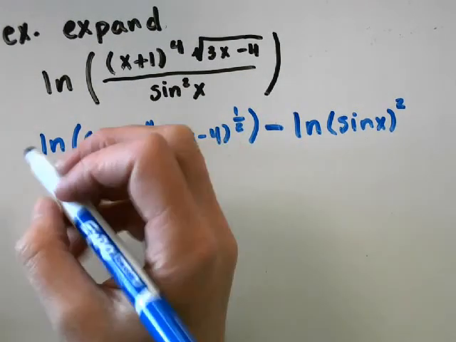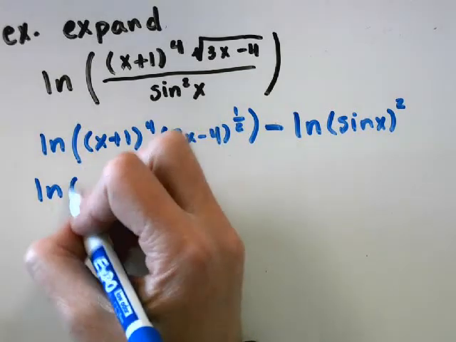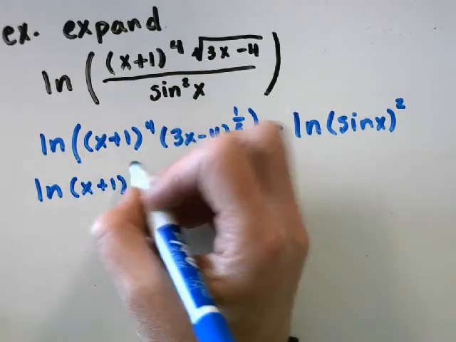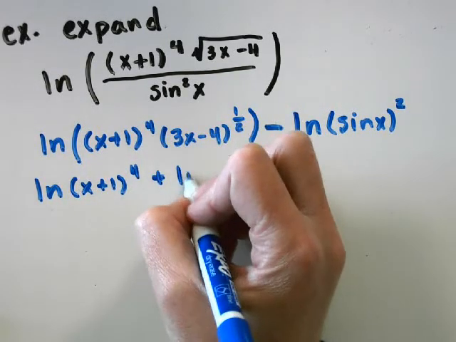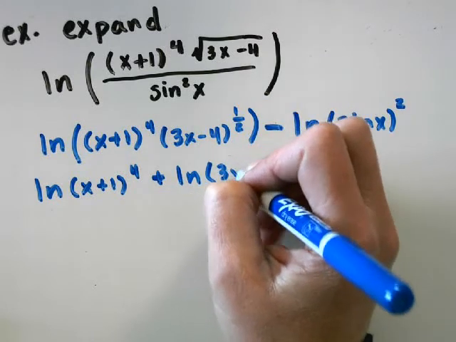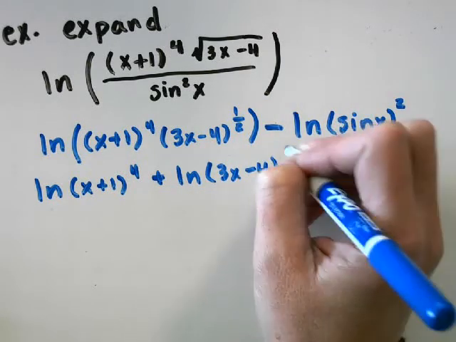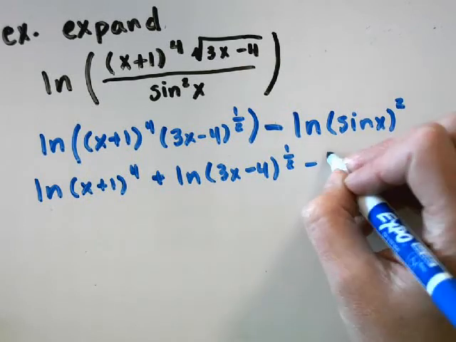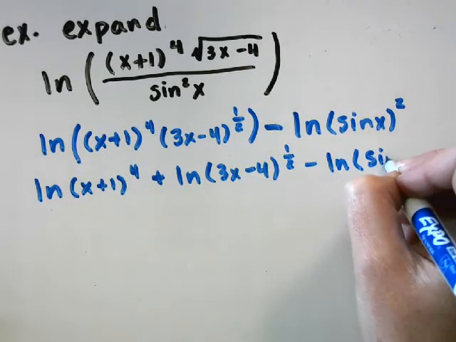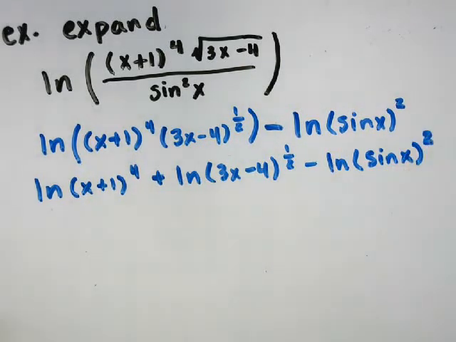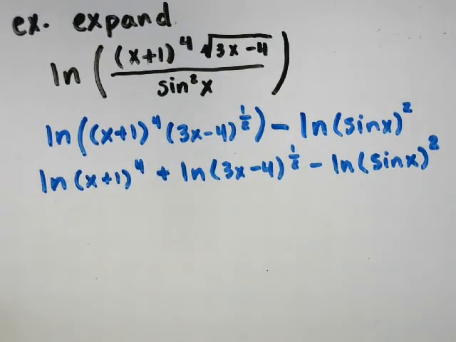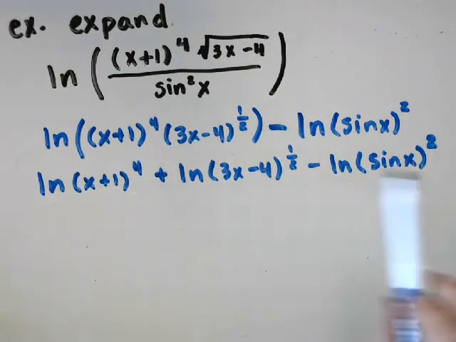Now I'm going to use the product rule to break these up. And then the last rule I'm going to use is the power rule on all three of these.